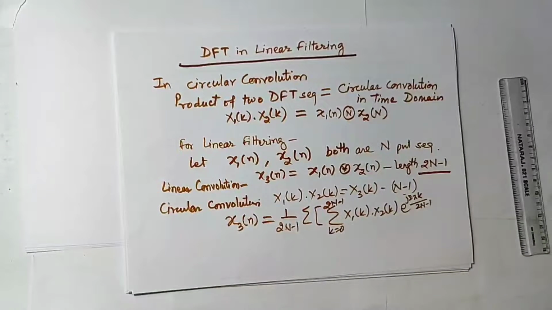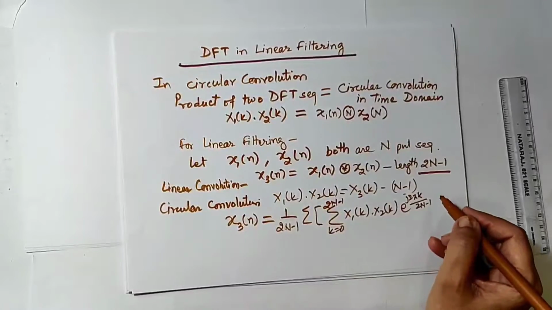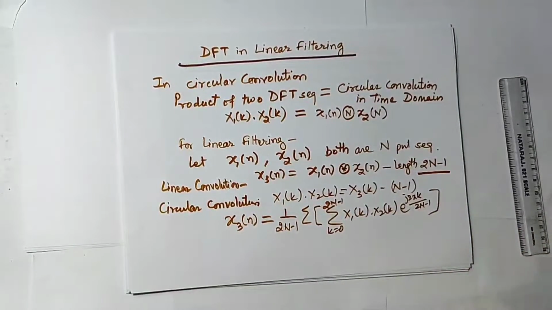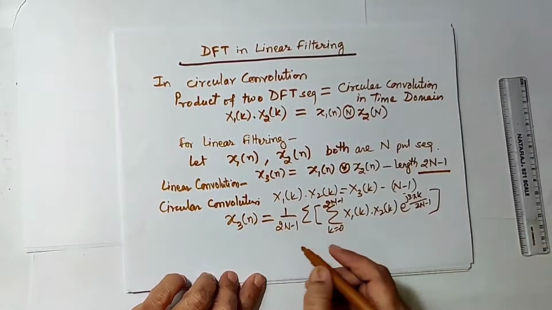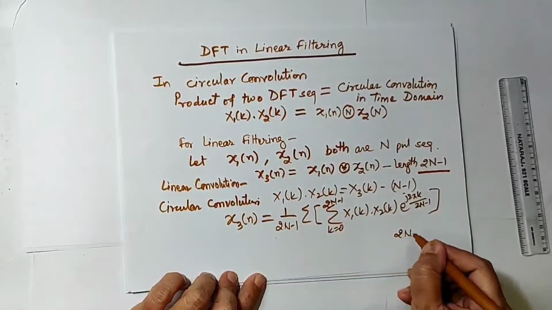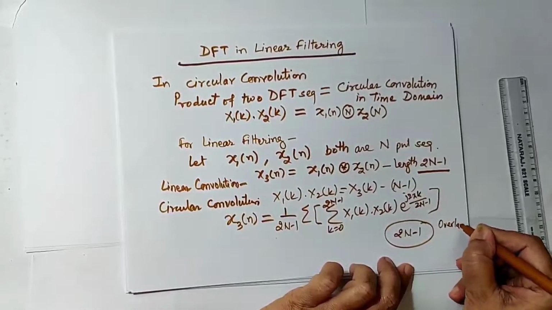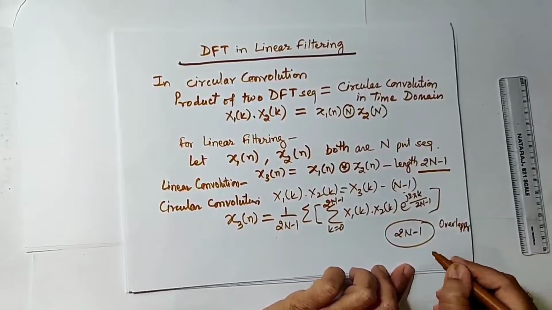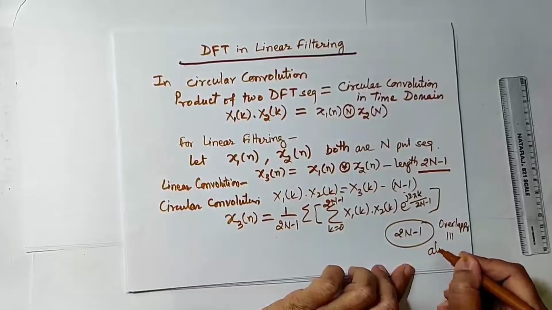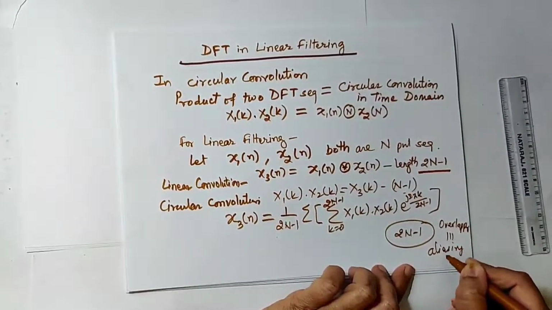This will be the limit. So these samples up to N minus 1 will create overlapping or an aliasing problem.